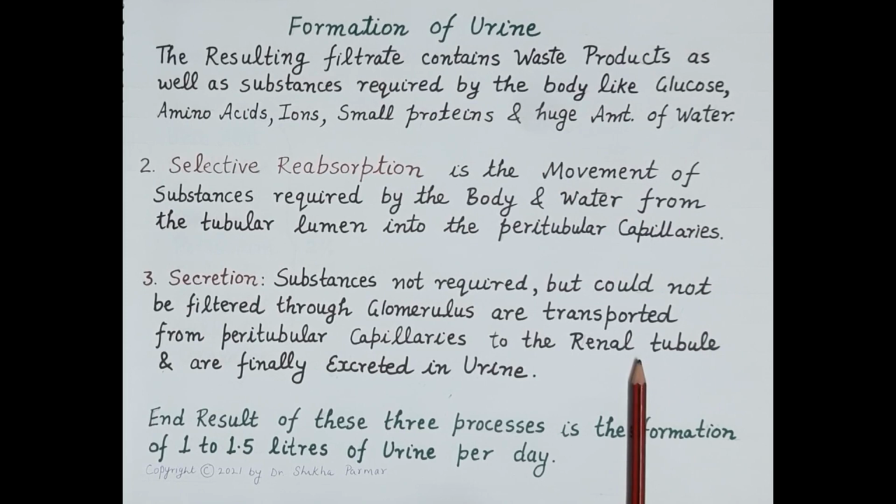The process is called secretion, and these substances are finally excreted in the urine. So, the end result of these three processes is the formation of 1 to 1.5 liters of urine per day.